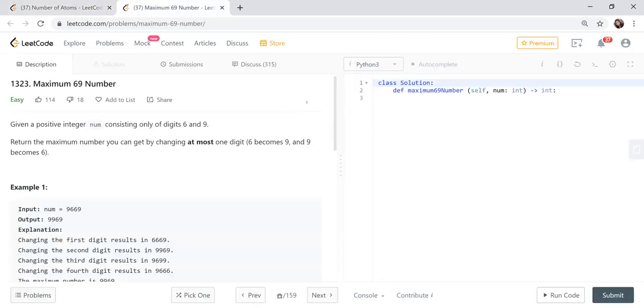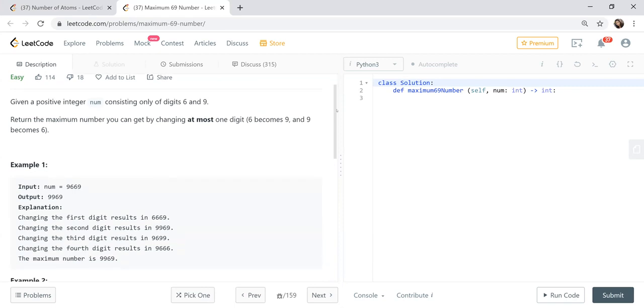Yes. Okay. So the first question is, we are given a number which consists only of 6 and 9, and we need to return the maximum number by changing at most one digit, either 6 to 9 or 9 to 6.